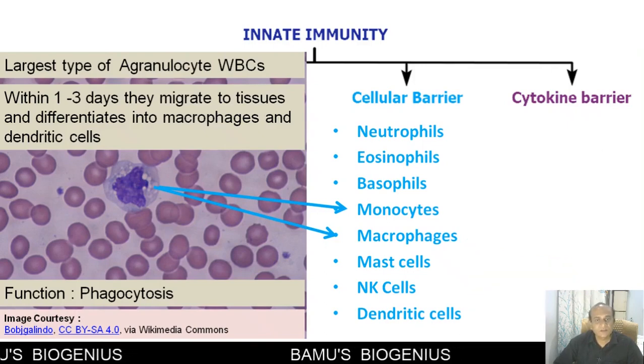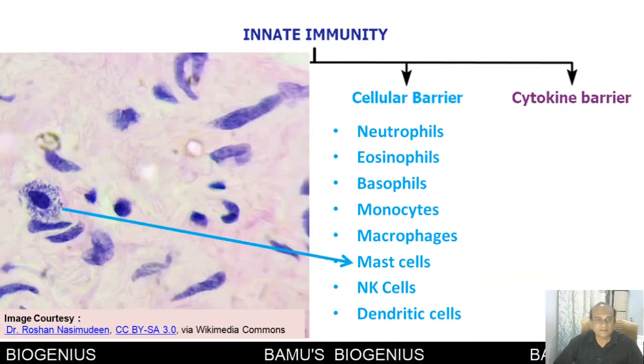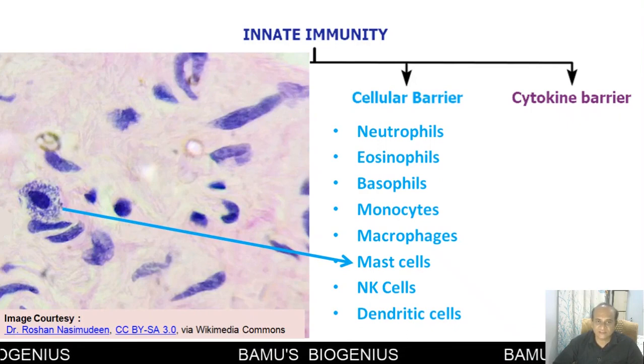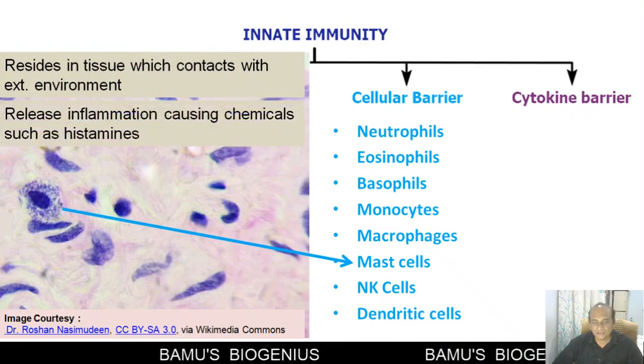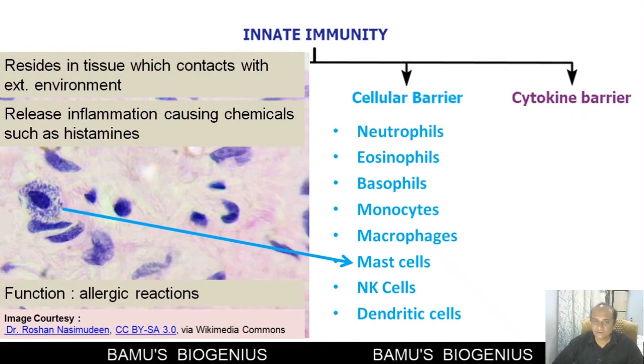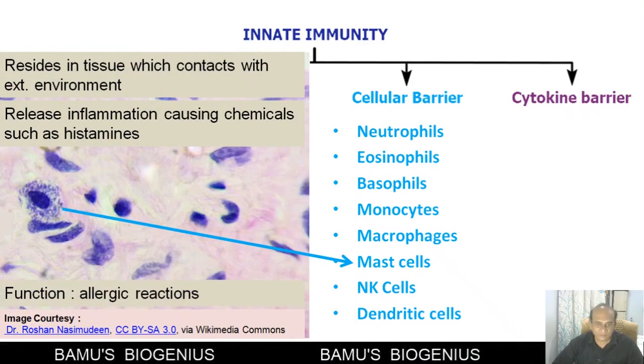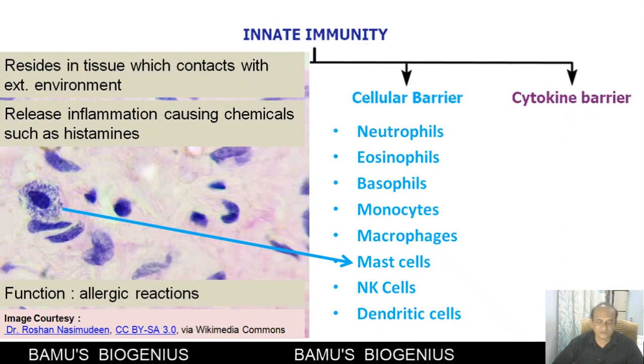Then the next one is mast cells. We know that mast cells are very famous for allergic reactions. They reside in tissues that are in continuation or in the vicinity of the external environment, so that whatever pathogens come in through the external environment can be tackled.